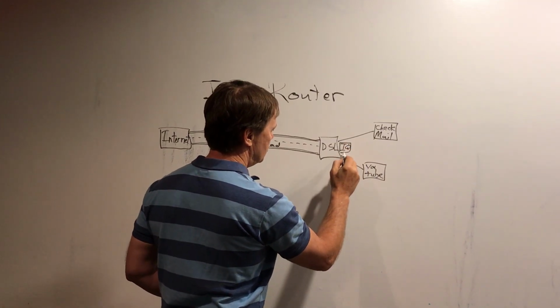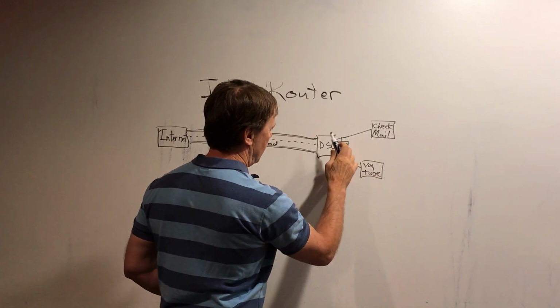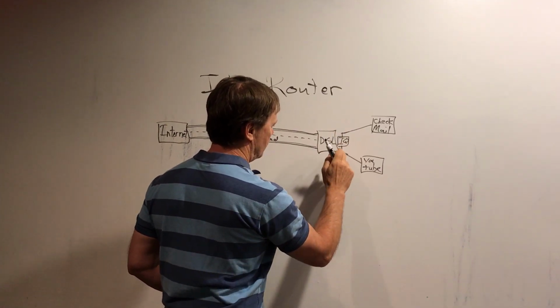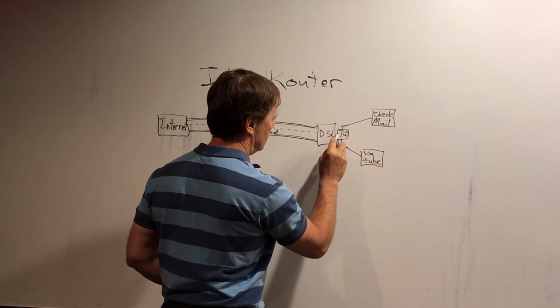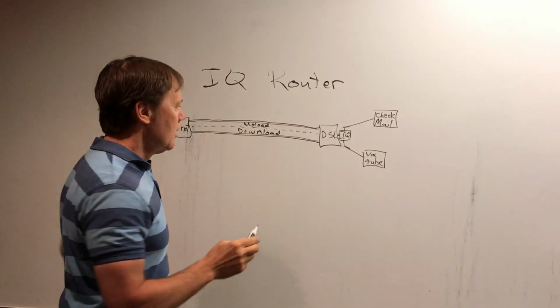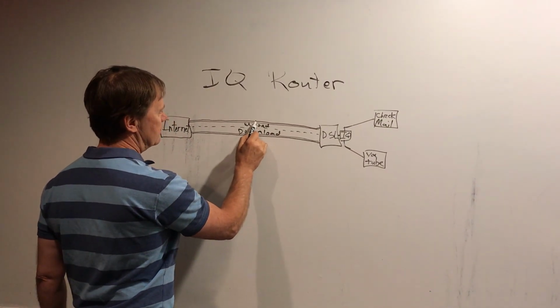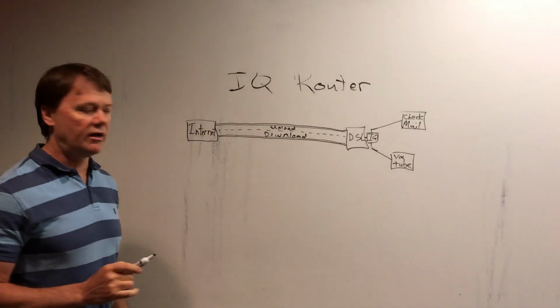So let me draw this like this. They're connected to the IQ router, and the IQ router, of course, is connected to the DSL. So all of the logic is in the IQ router. All right, but what it does, it reserves a tiny amount of space on upload and download.